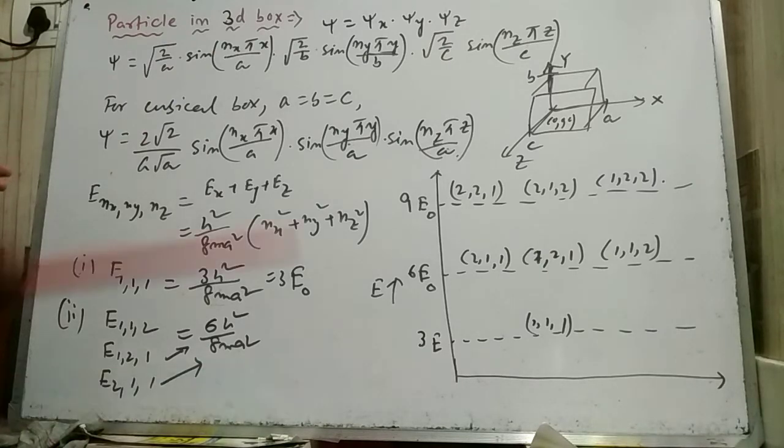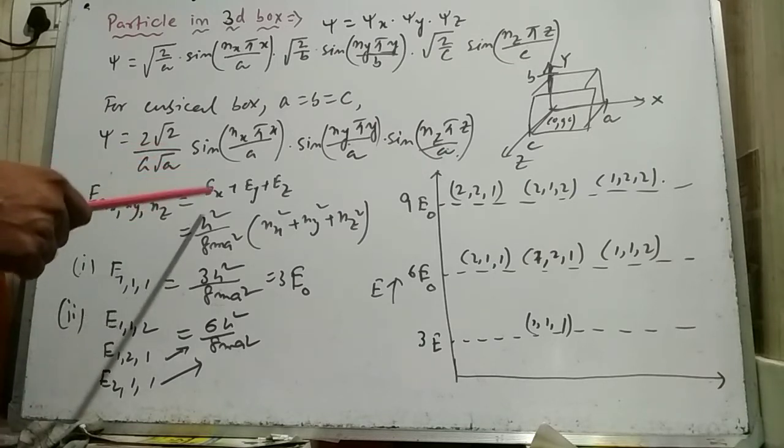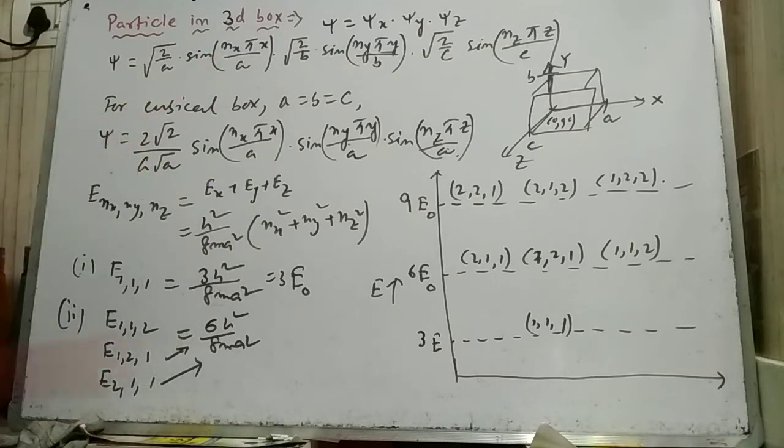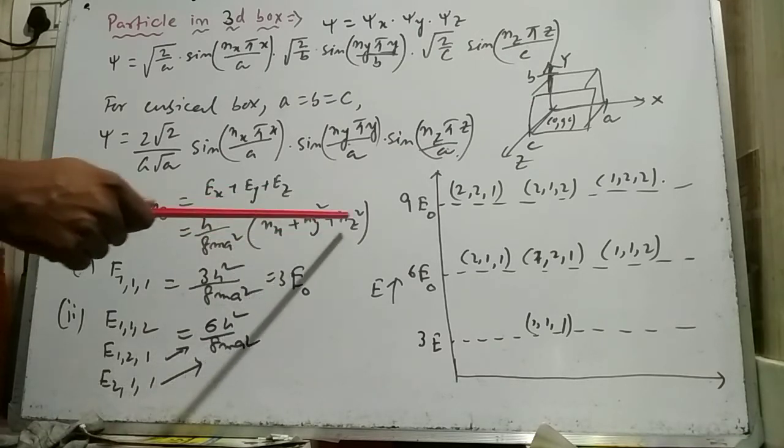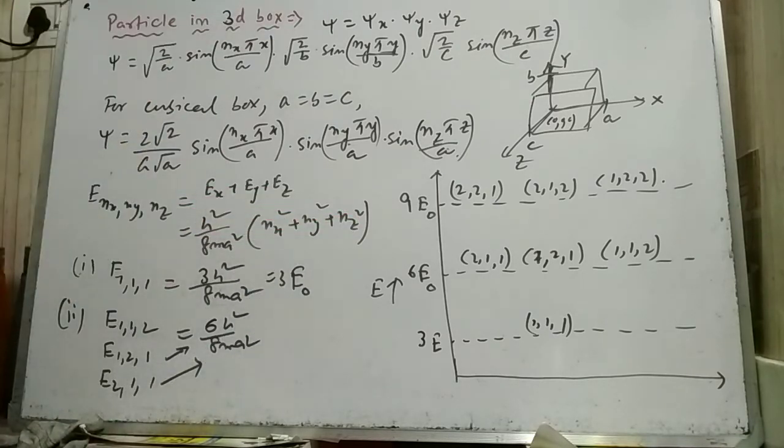Here we consider the box is cubical, and that's why a equal to b equal to c. Now the energy of the particle in a three-dimensional box is given by Ex plus Ey plus Ez, and since a equal to b equal to c, it is h²/8ma² (nx² plus ny² plus nz²).